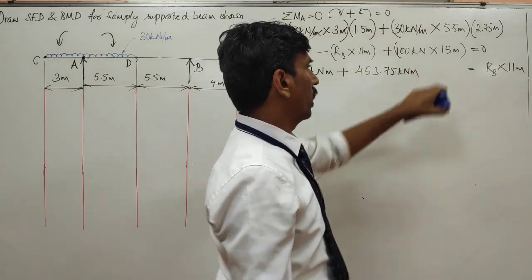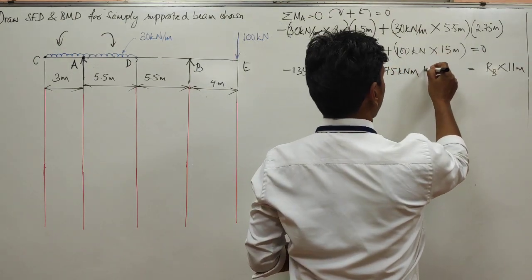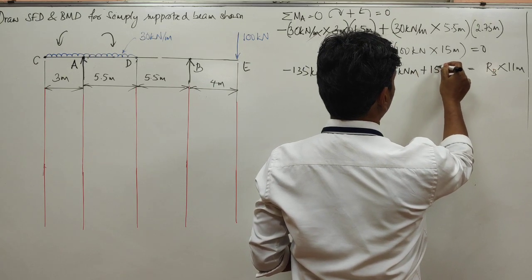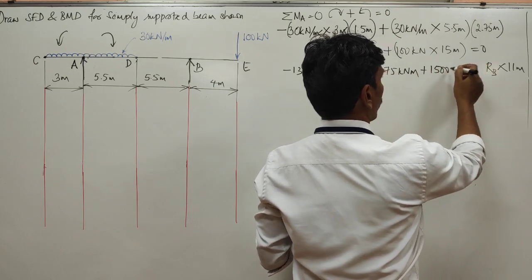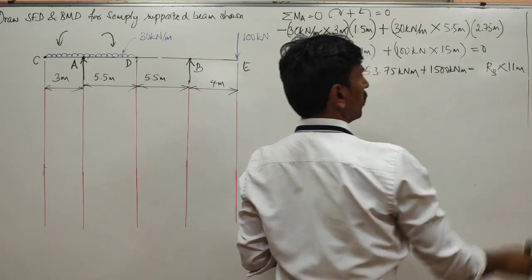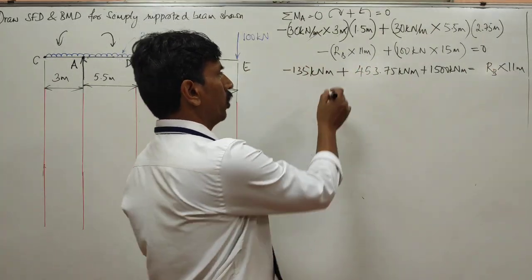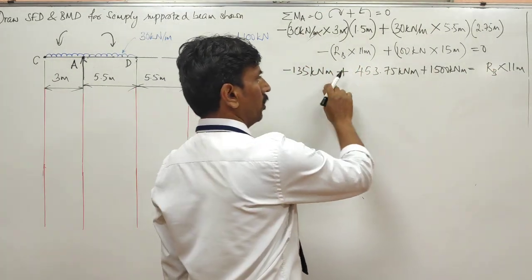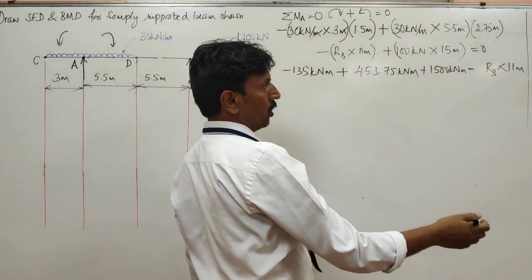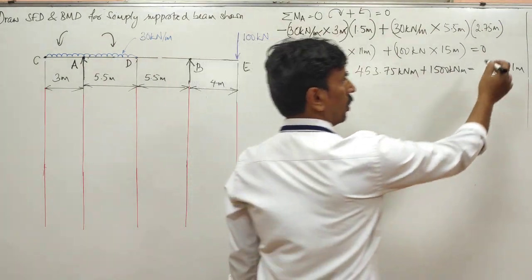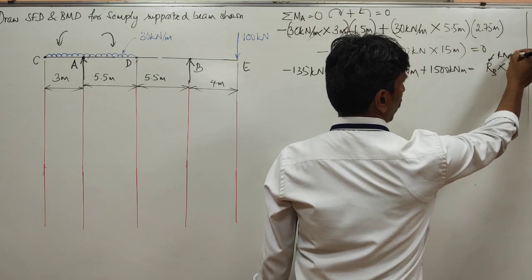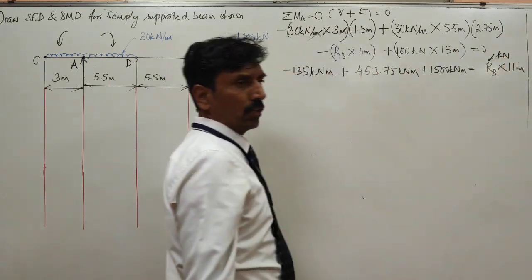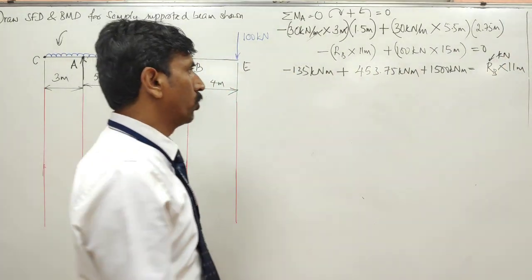What is this value? 100 kilonewton. So that is 1,500 kilonewton meter. Here you got kilonewton meter, all these are kilonewton meter. So to have consistent unit, this RB has to be in kilonewtons only. So we get the RB value in terms of kilonewtons.